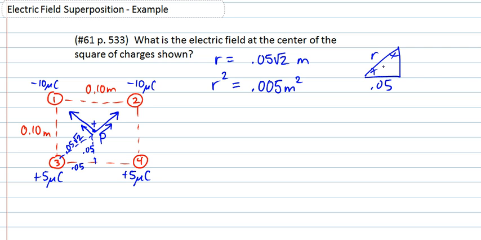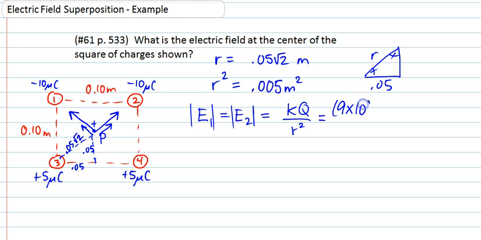And so what I suggest is that we calculate the electric field from charge 1, which is actually equal to the electric field from charge 2 as long as we're talking magnitude. So it's going to be kq over r squared, and this is why I suggest calculating r squared first. So we have 9 times 10 to the 9th, and we have 10 microcoulombs. Once again, notice that I'm not putting in the negative sign.